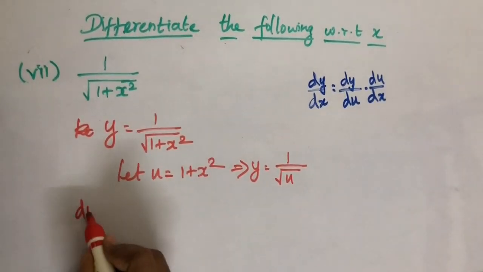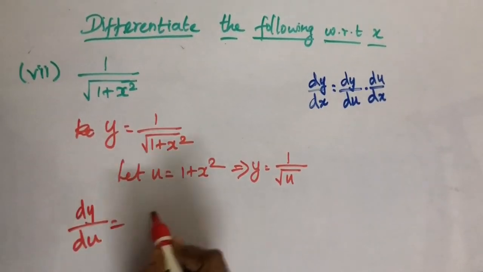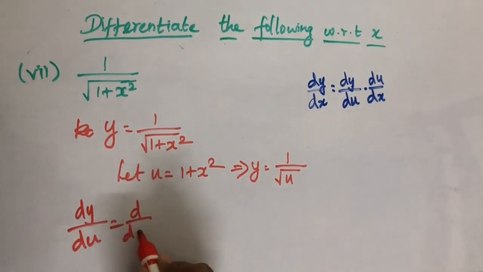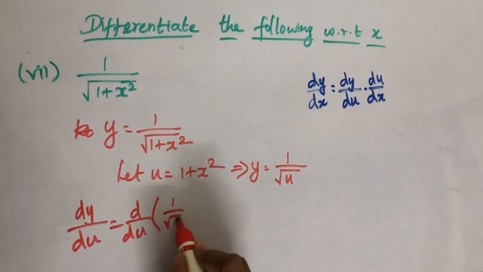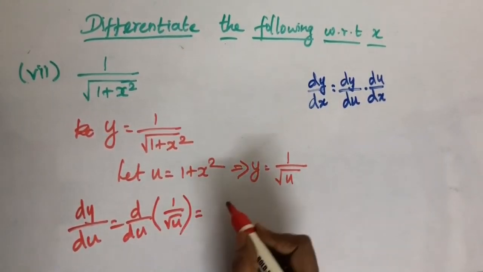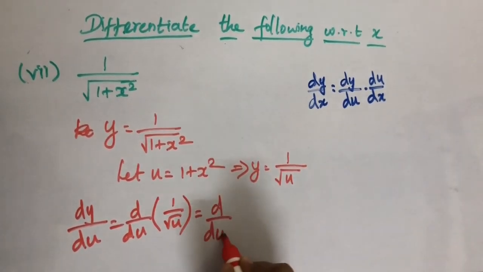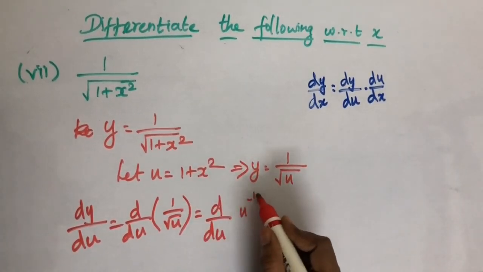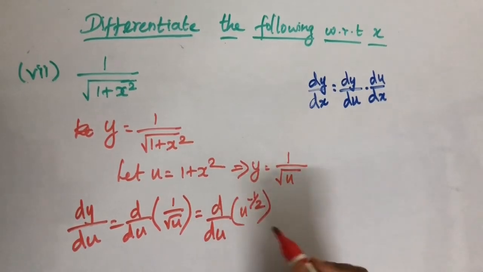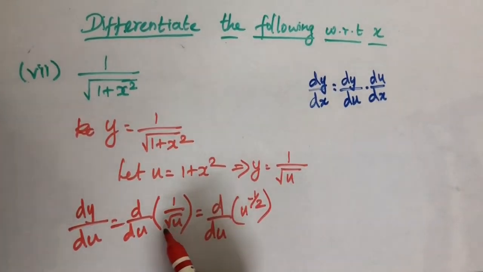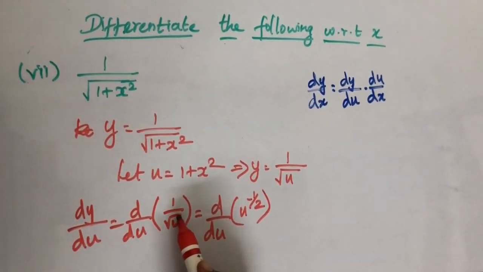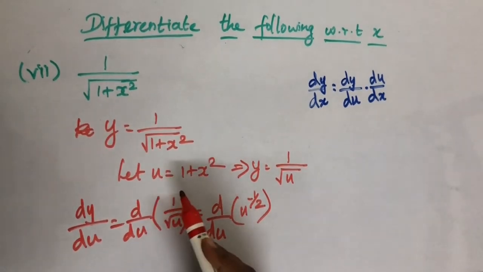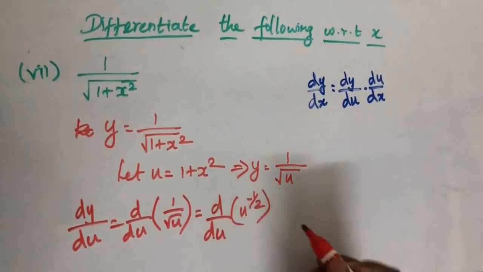Okay, first dy by du, that is d by du of 1 divided by square root of u, that is equal to d by du of u power minus 1 by 2. How? Square root means its power is 1 by 2. So, while coming to the numerator, it is u power minus 1 by 2.